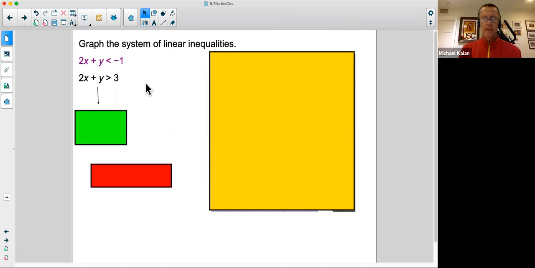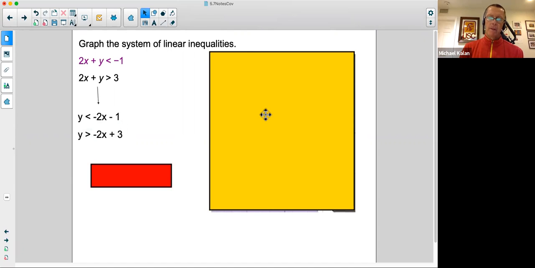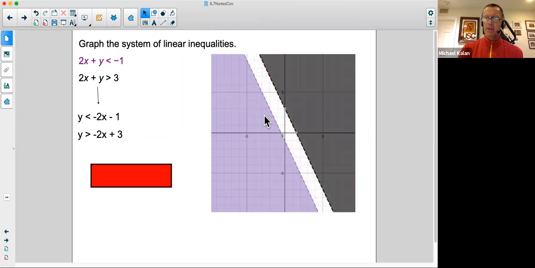Go ahead and pause it, give it a roll, and okay, here we go. So I put them into slope-intercept form, and then when you graphed them, hopefully you got that. So what do we have here? We had parallel lines, didn't we?